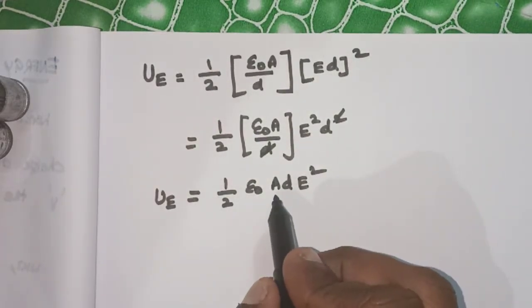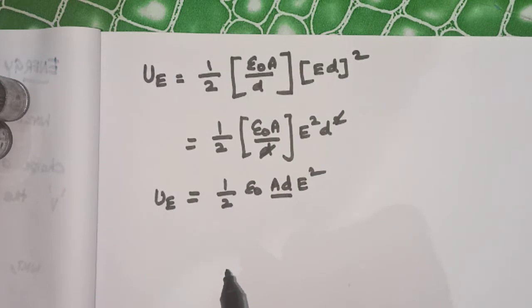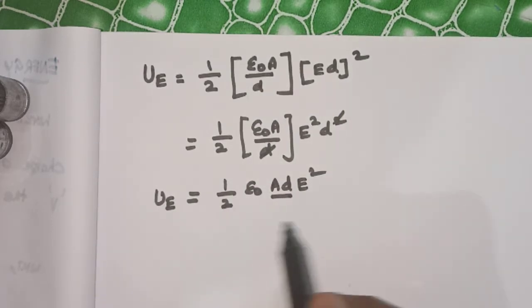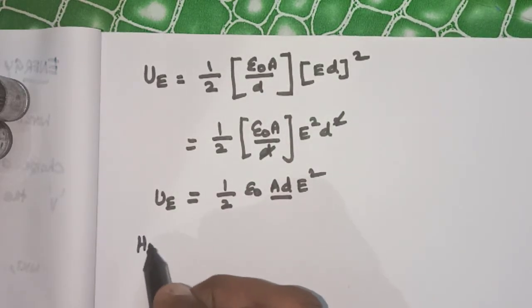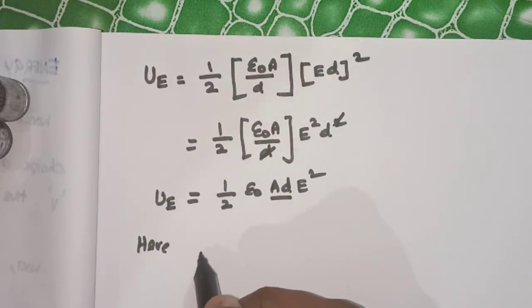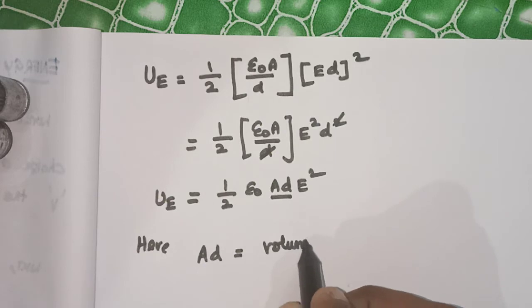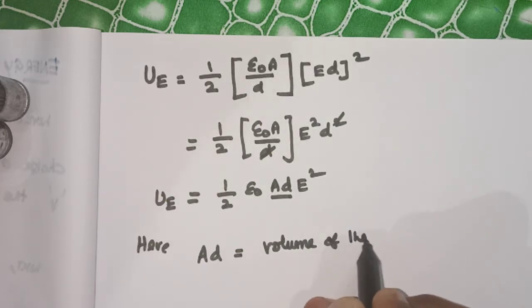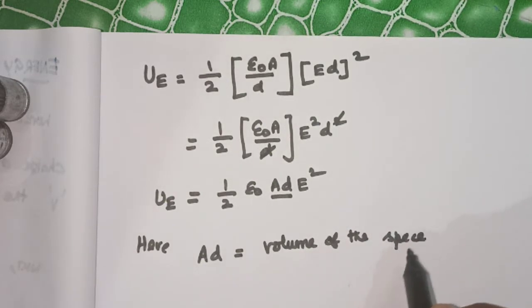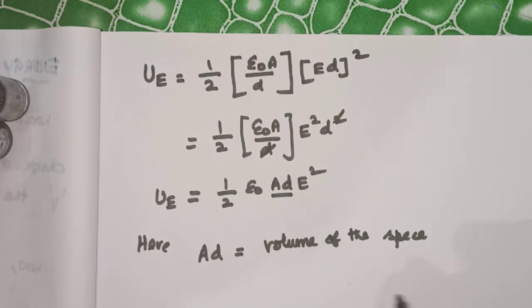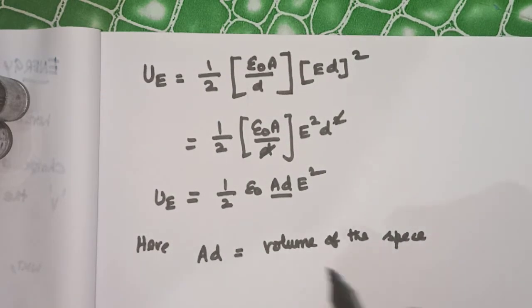Here area and distance we considered as volume of the space. Here A and D are volume of the space between the capacitor plates.